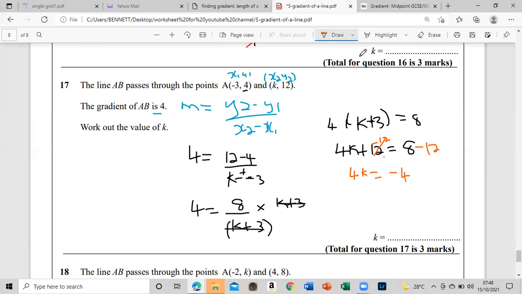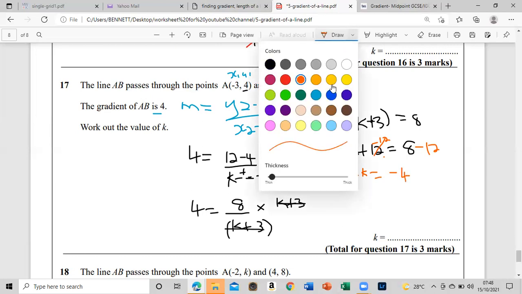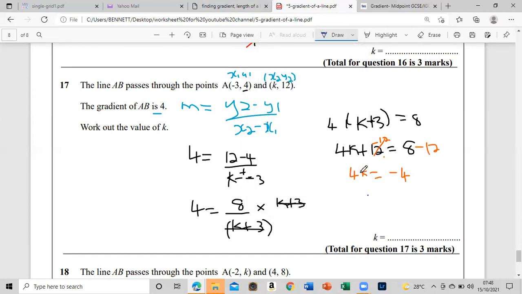Take the inverse of 4 times k, which is dividing by 4. So k should be equal to negative 1.